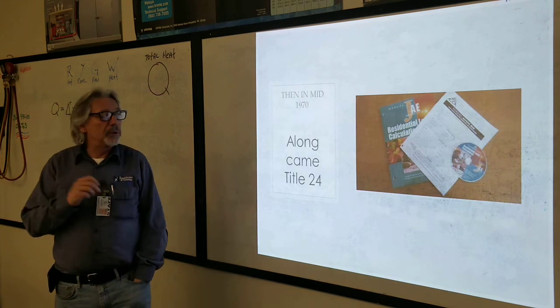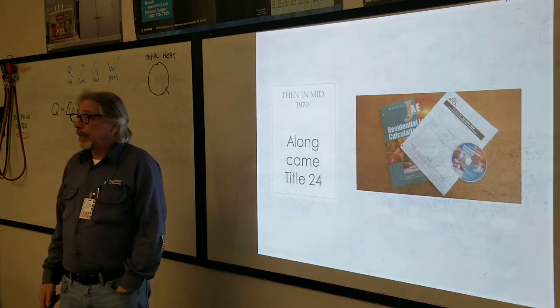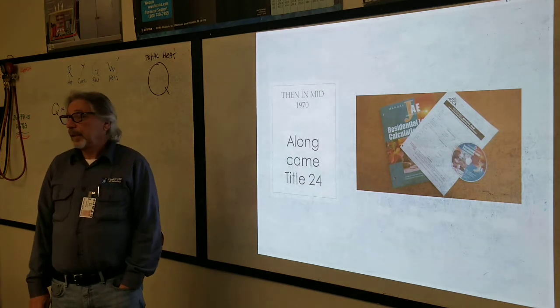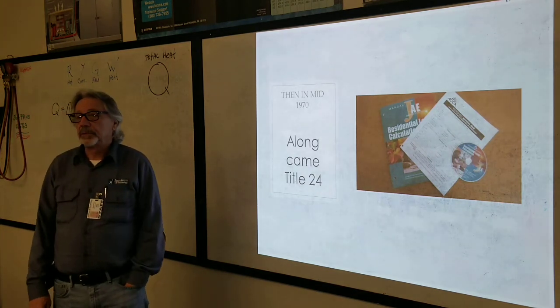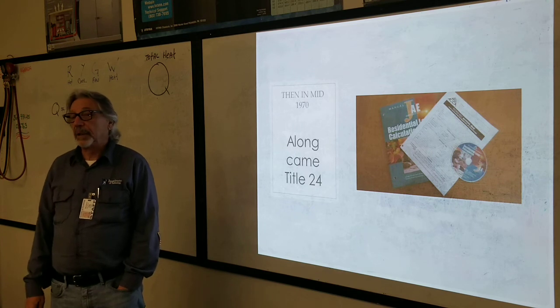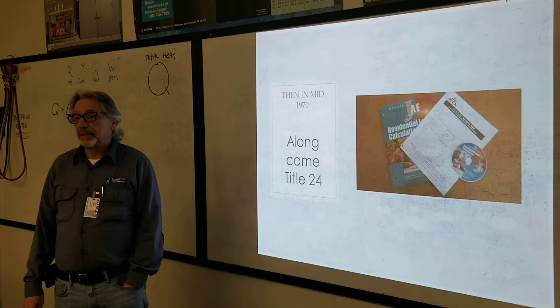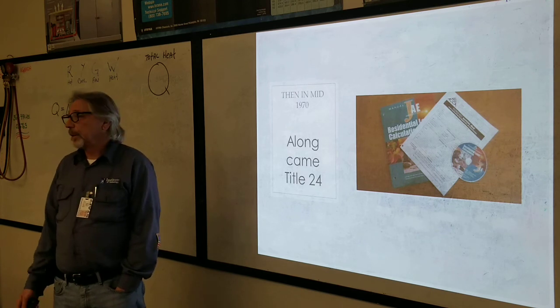So any new home after 1975 had to have insulation in the walls. Before that, they didn't put insulation in the walls, just in the ceilings, and then it was minimal. Some houses didn't have any insulation in the ceilings, none in the walls.